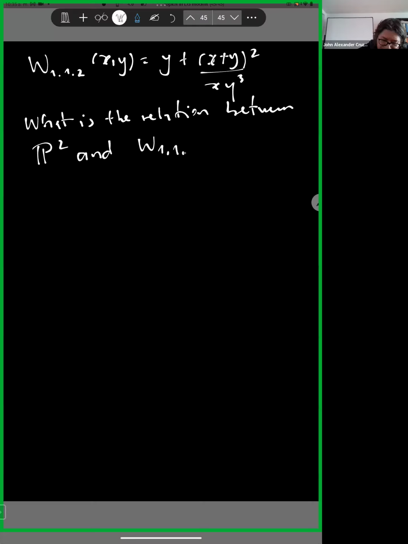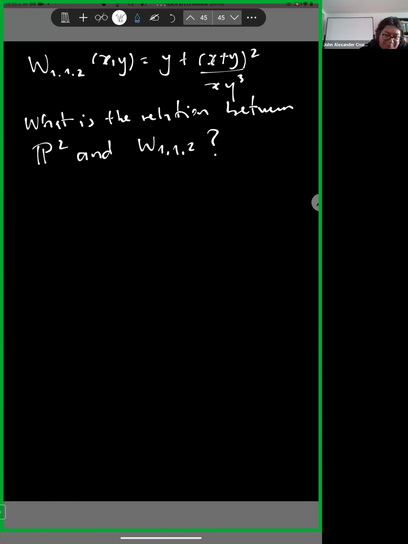So you can ask, what is the relation between CP2 and this Laurent polynomial W_{1,1,2}?